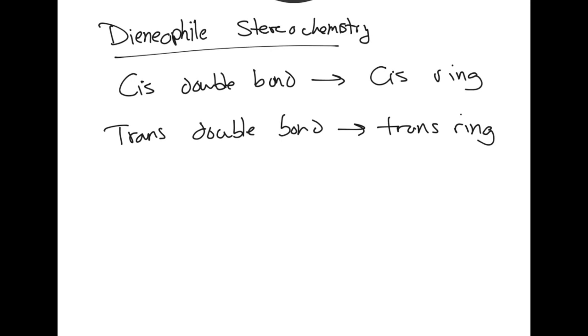So you've got your diene, right? Here, the two groups on your dienophile are cis. They're on the same side of the double bond.